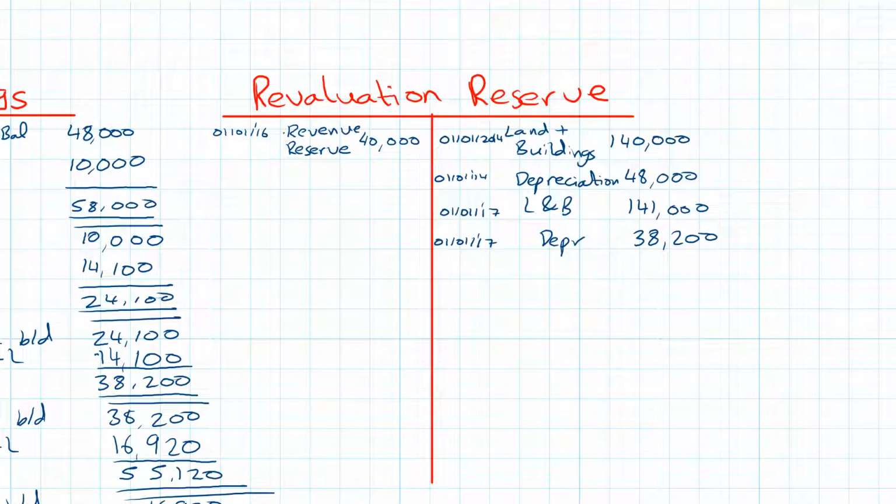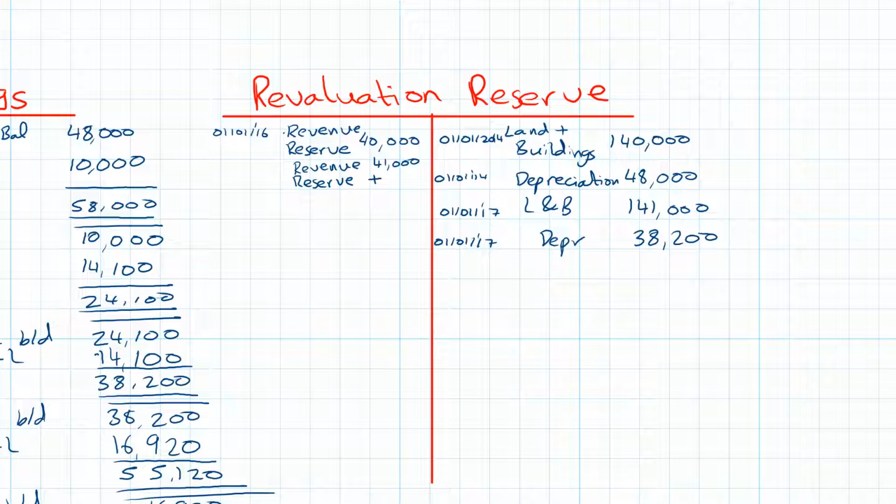So what's going to a revaluation reserve is going to be our 41,000 plus, so I'll just do this now, 41,000 plus the depreciation that was on those buildings.